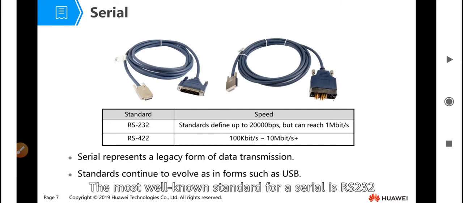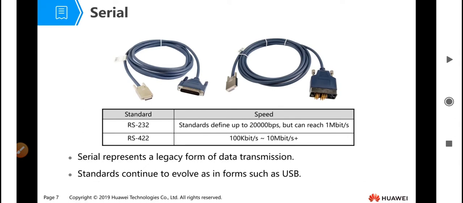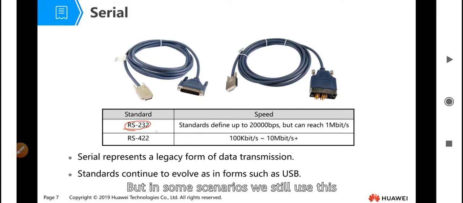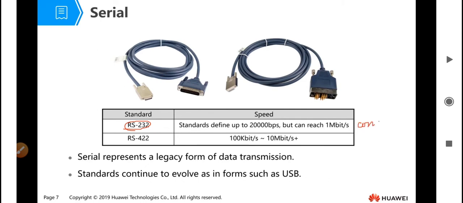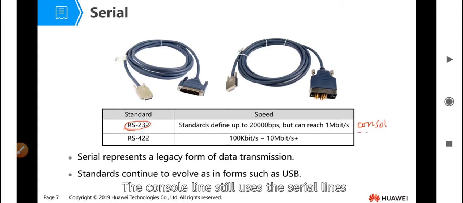The most well-known standard for serial is RS-232. Nowadays, serial lines are seldom used, but in some scenarios we still use them, such as the console line. The console line still uses the serial line.